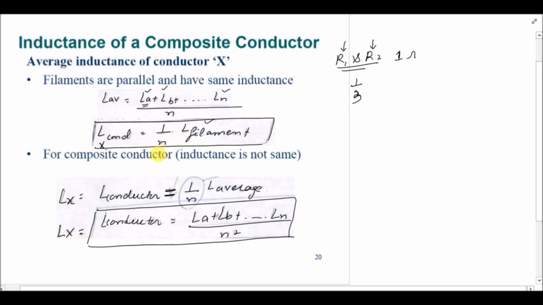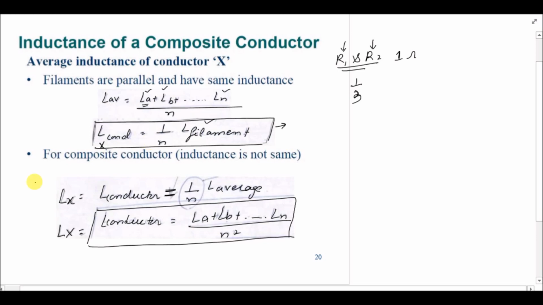So if you have to find the inductance of a conductor which has filaments of the same size and the same material, then they will have the same current flowing through them, so they are electrically parallel, as we know from the composite conductor definition. So we just find the inductance of one filament and divide it by the total number of filaments in the conductor.